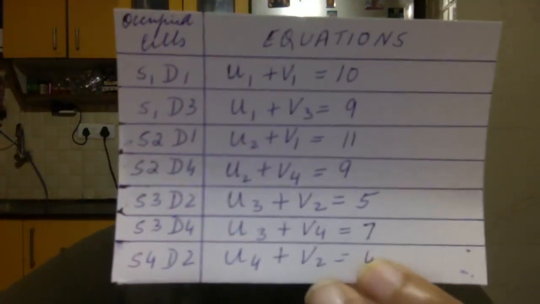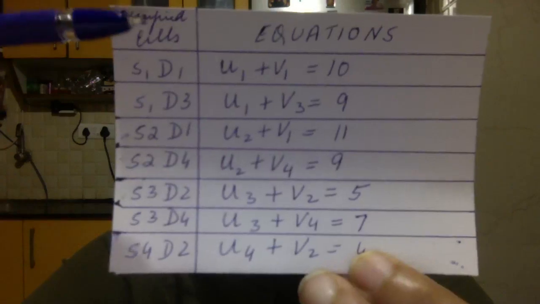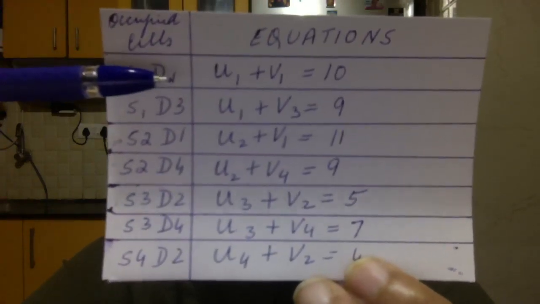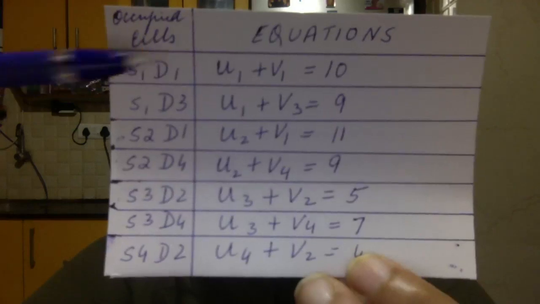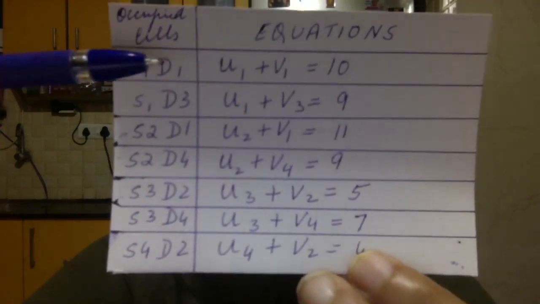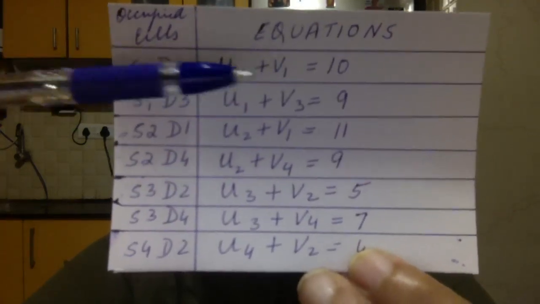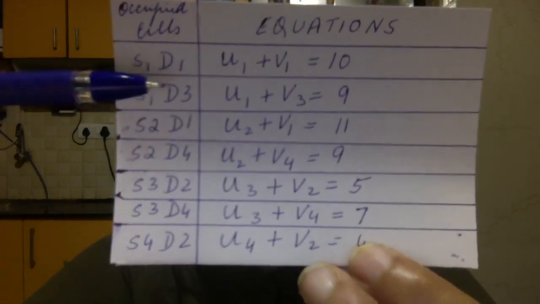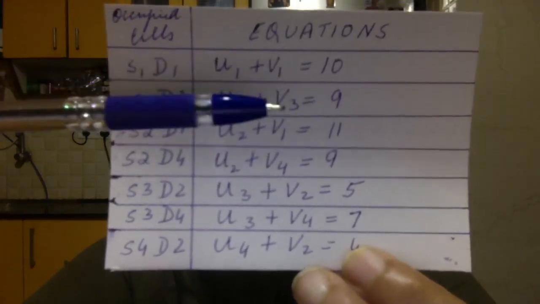You wrote the occupied cells, and every S becomes U, every D becomes V. So if it is S1, it is U1. If it is D1, it is V1.